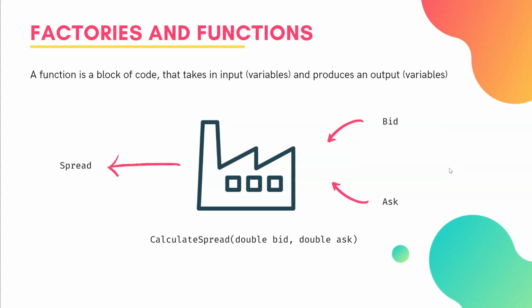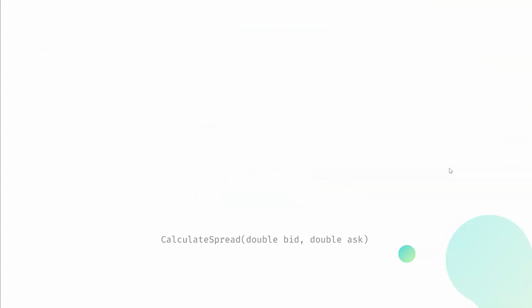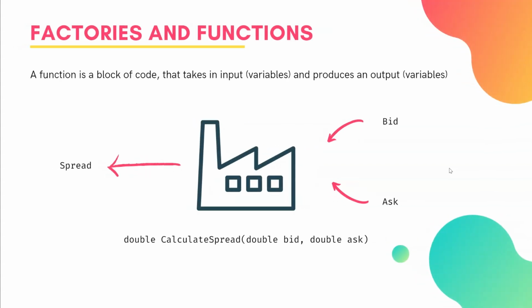So how do we get that spread out of the factory in terms of code and our function? The first thing we need to do when we define our function is say what the output is going to be, what kind of data, just like the variables where we were given a type, whether it's going to be string, integer, double, bool, or another.